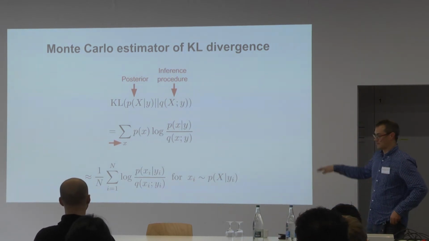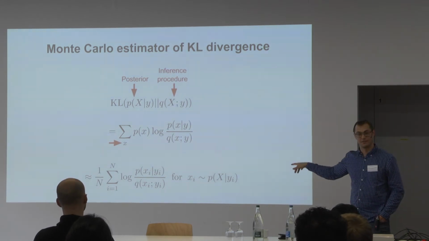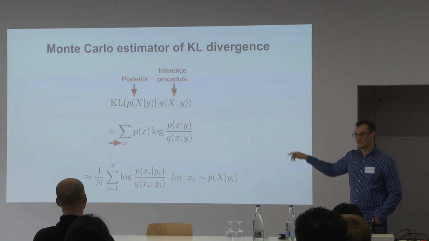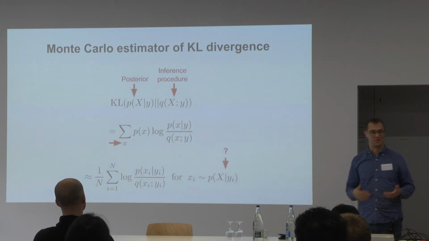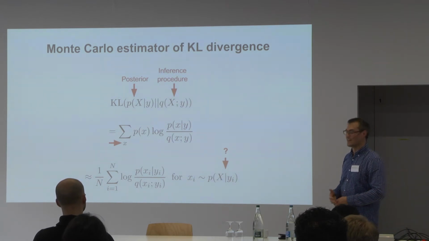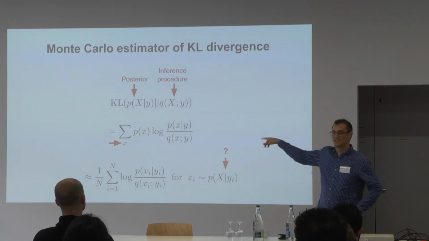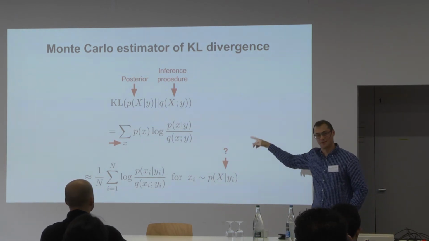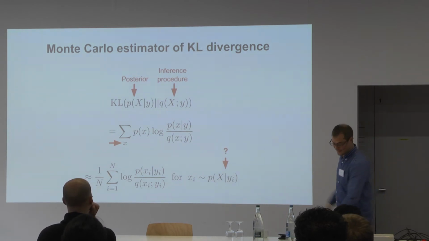And the standard simple Monte Carlo estimator for this involves sampling from the posterior a bunch of times, n times, and computing this log ratio of the weights. However, this seems problematic. So first of all, this means you need posterior samples in order to evaluate any algorithm. That doesn't make that much sense because, again, if you believe that the sum is intractable, then you may also believe that sampling the posterior exactly is intractable.